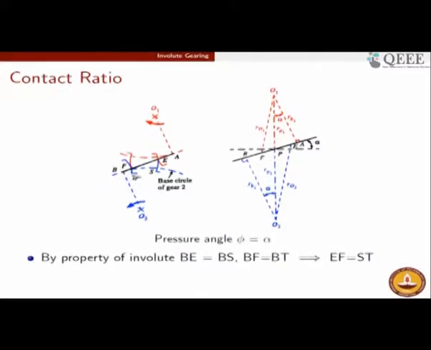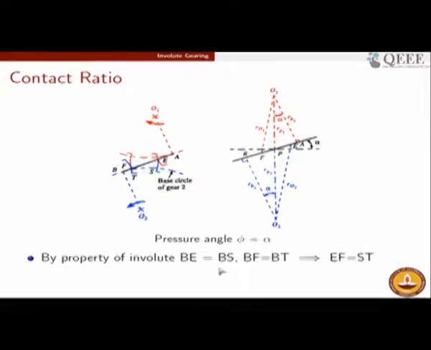So BT is the part which is lying on the circumference. I could not write the T exactly here because it was looking too cluttered, but the point T corresponds to the point on the circumference of the base circle. Just like the point S corresponds to the point on the base circle, it is not at the addendum circle, it is at the point of the base circle.